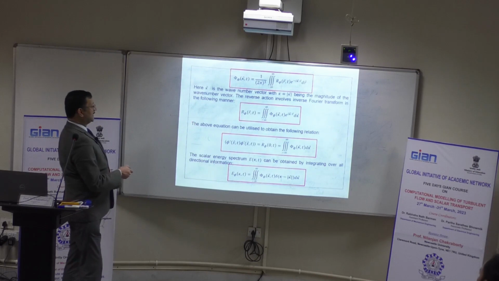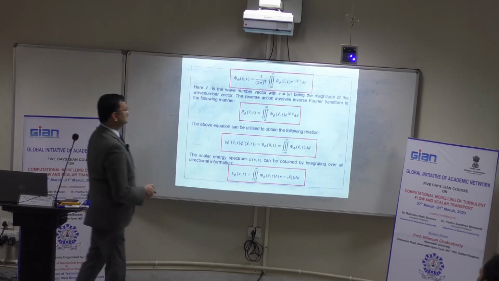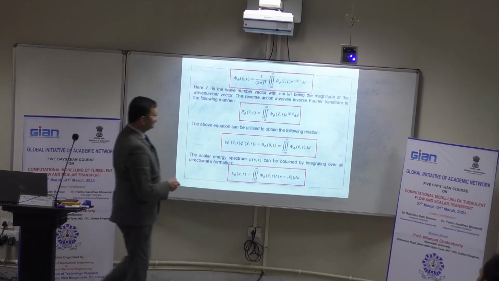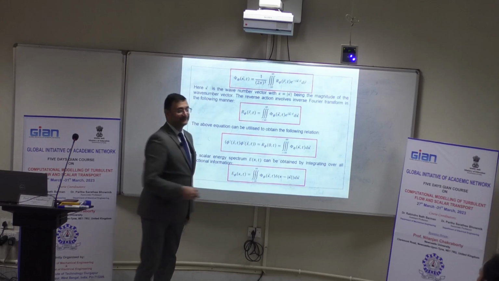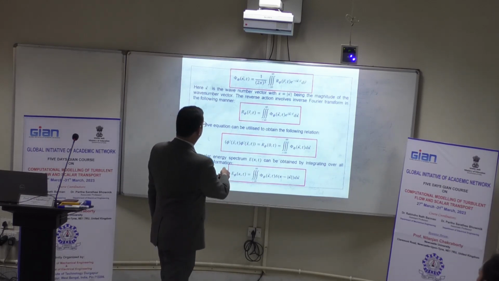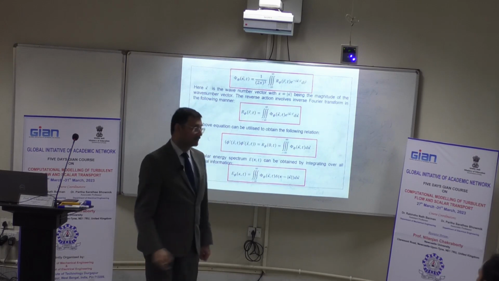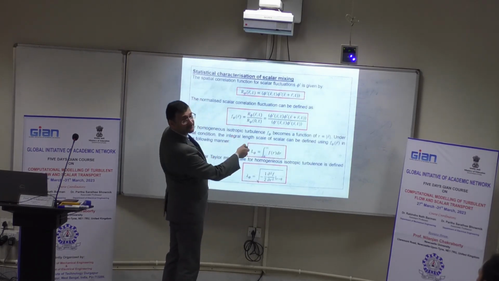And the above equation can essentially be used to get the scalar variance in this manner. If you go back to the definition and put R equal to 0, this becomes the variance.